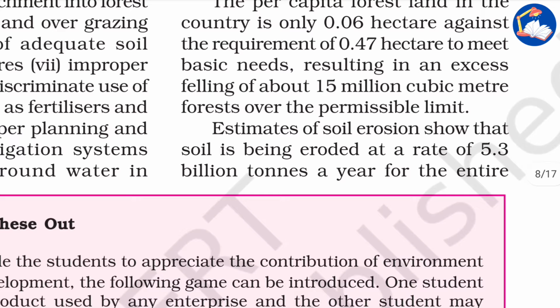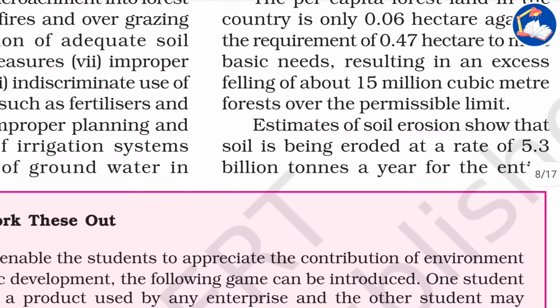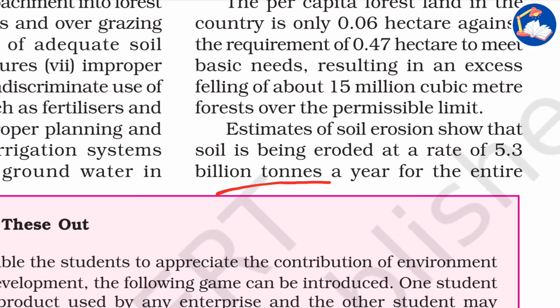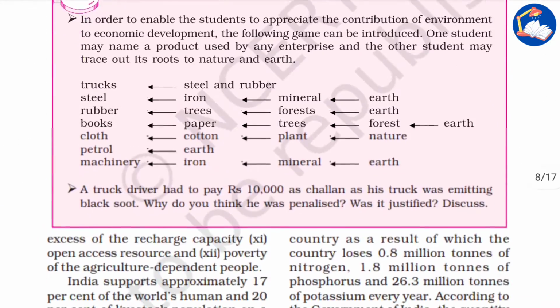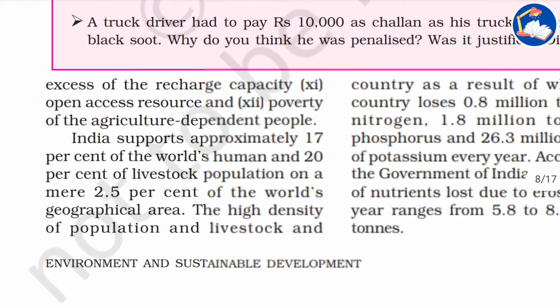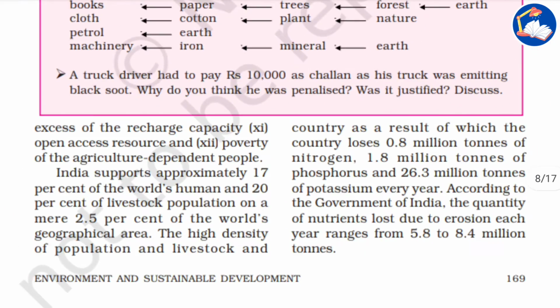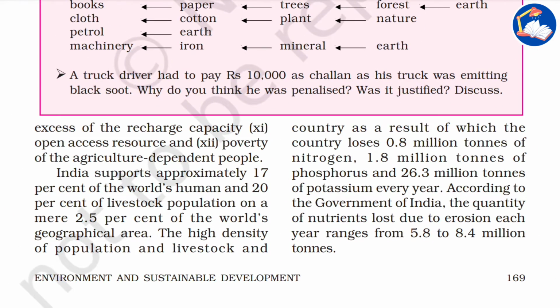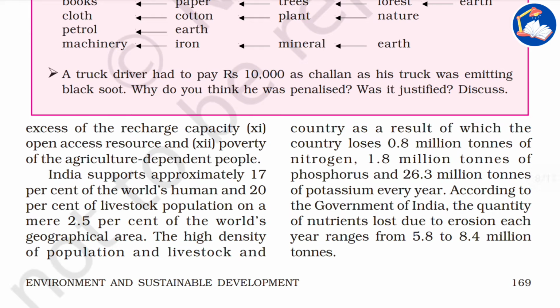Estimates of soil erosion show that soil is being eroded at a rate of 5.3 billion tons a year for the entire country, as a result of which the country loses 0.8 million tons of nitrogen, 1.8 million tons of phosphorus, and 26.3 million tons of potassium every year.